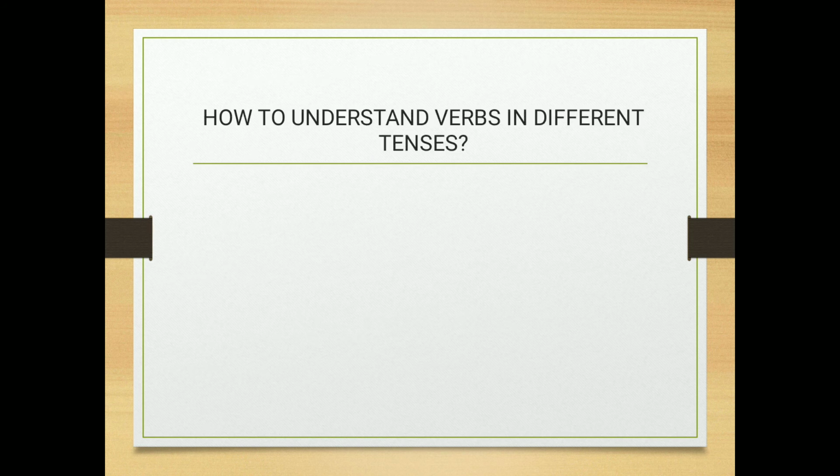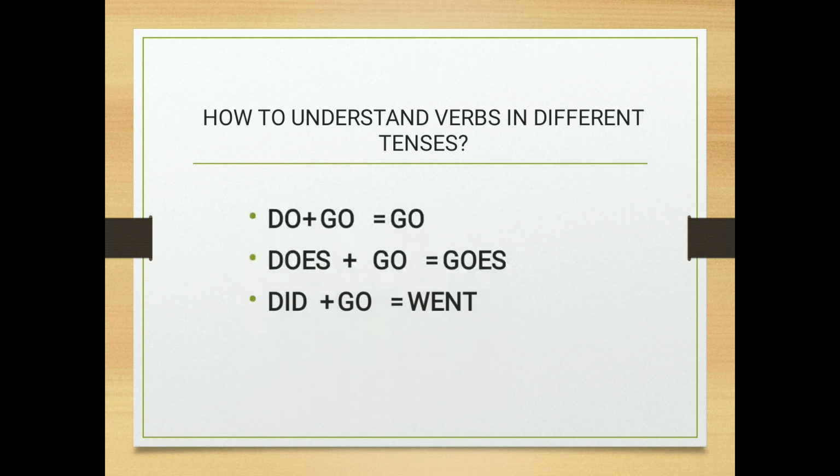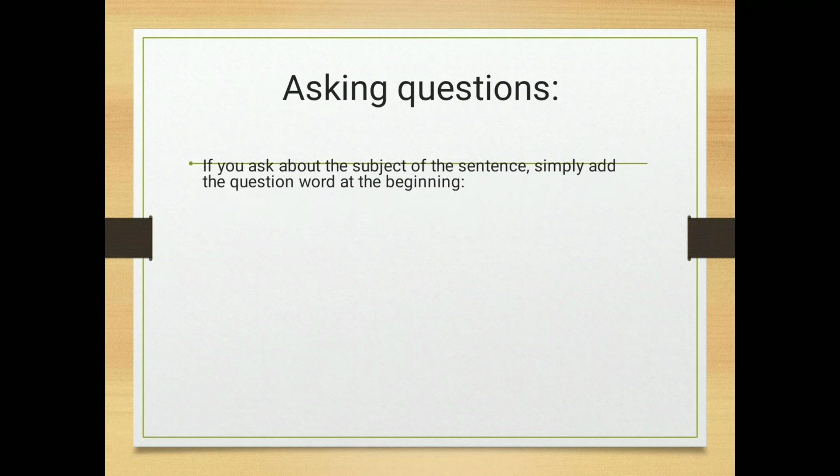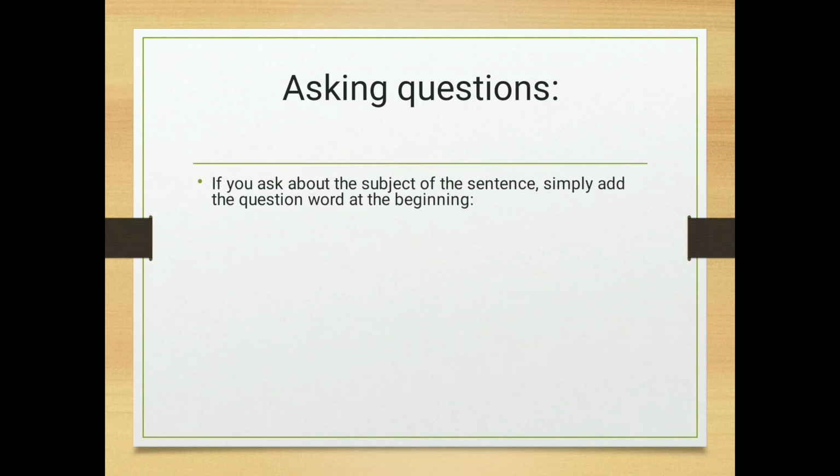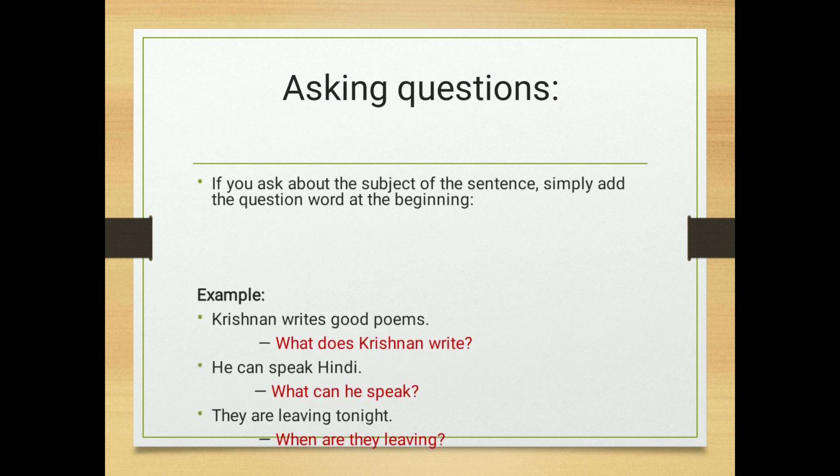Now how to understand verbs in different tenses. Do plus go: you have to use go. Does plus go: you have to use goes. And did plus go: went. Asking questions. If you ask about the subject of the sentence, you simply add the question word at the beginning.